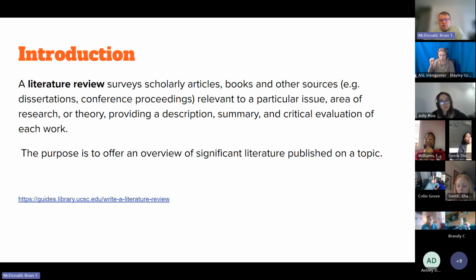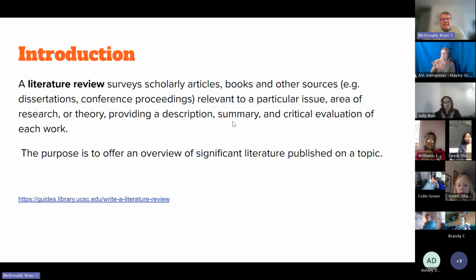So when you're doing a literature review, you're essentially saying, I'm using X source, and it's important because... You're going to do them with headers, and you'll see that on my example of what mine looks like. But it's just a review of books, articles, and resources that you found important to your research.